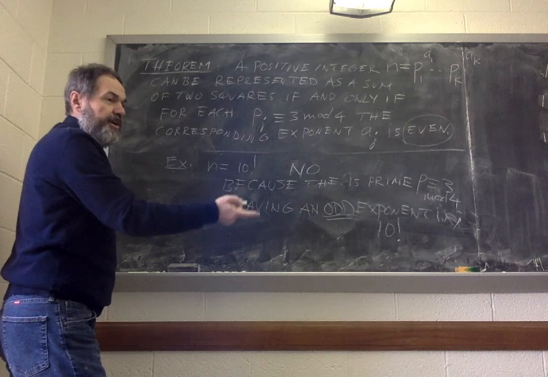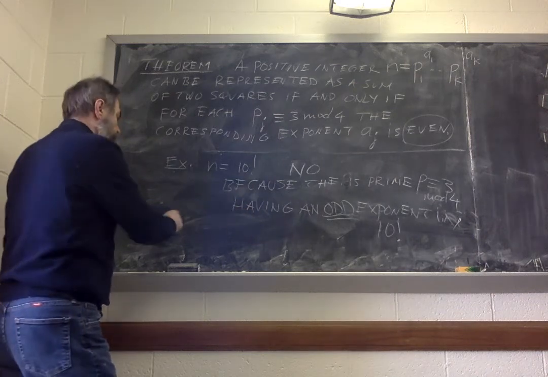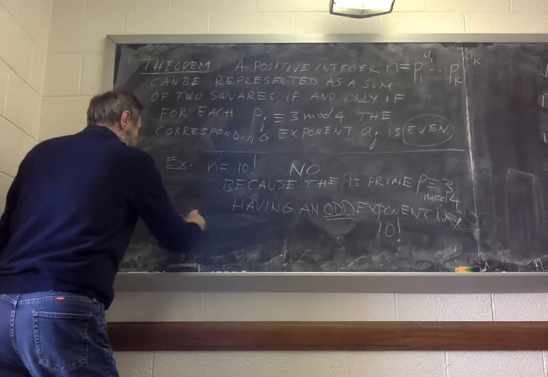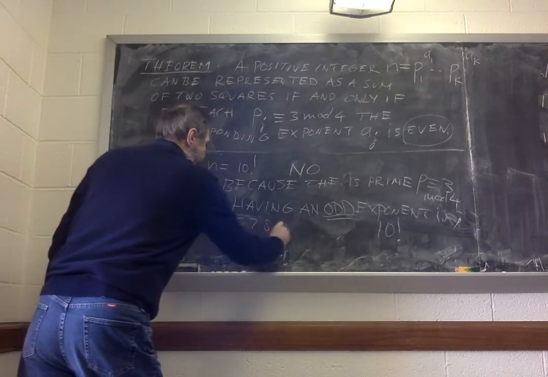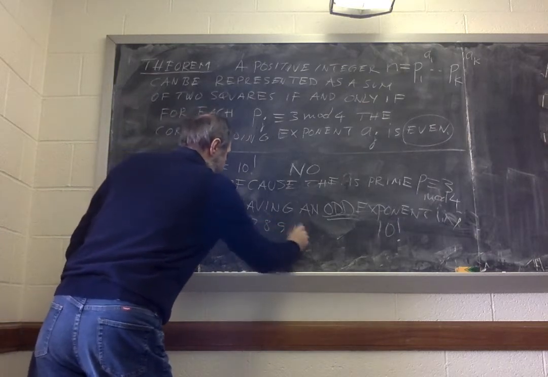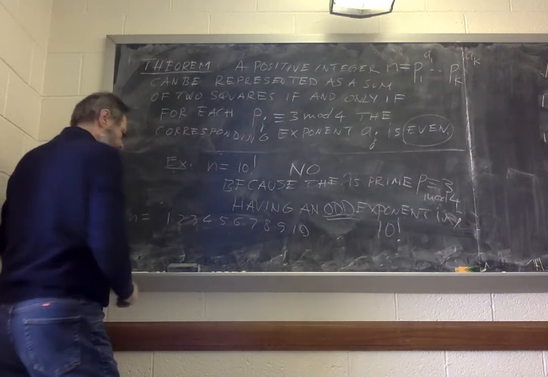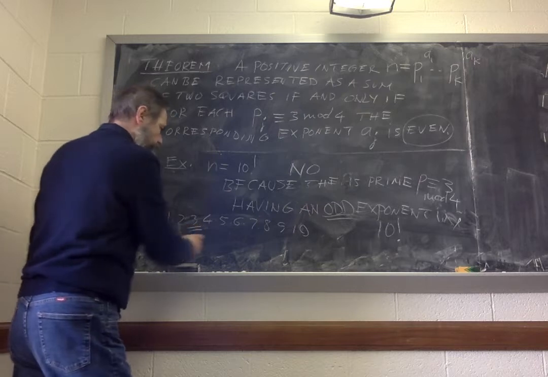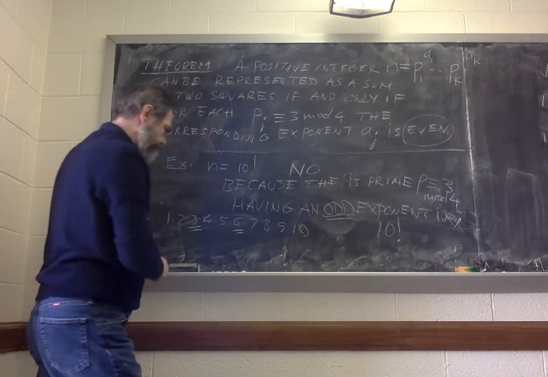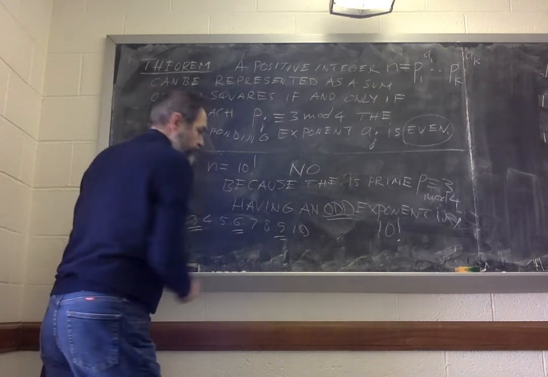For 3, we need to check how many factors of 3 we have. Actually, 1, 2, 3, 4, 5, 6, 7, 8, 9, 10. That's the number. Let's see how many factors of 3 we have. I have 1 here, another 1 in 6, and 2 other factors of 3 in 9.